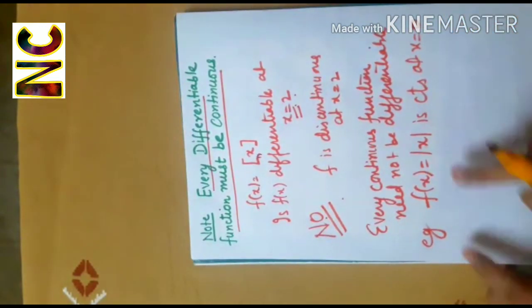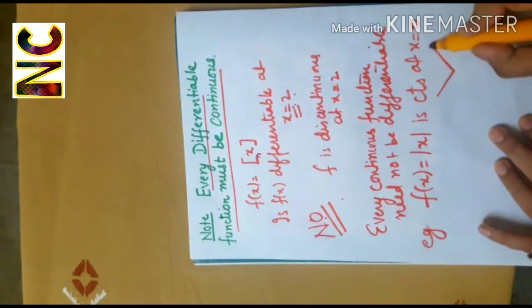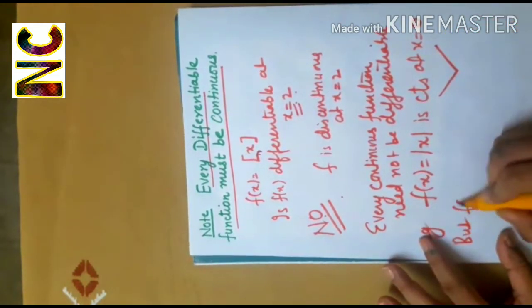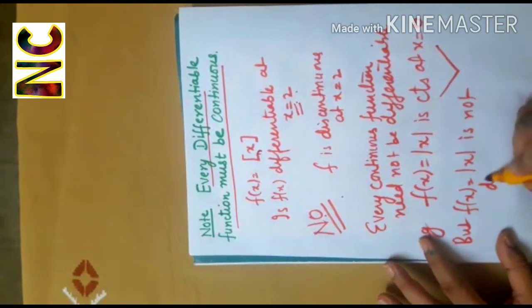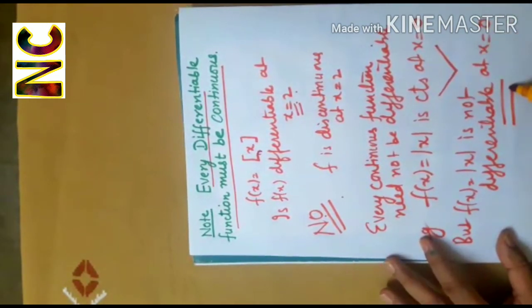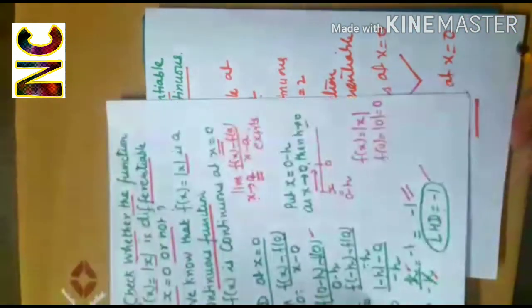The absolute value function is continuous at x equal to 0 because its graph is like this and there are no gaps, so the function is continuous. But f(x) equal to mod x is not differentiable at x equal to 0. This we have seen just now in this question.